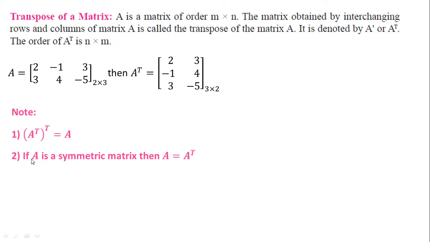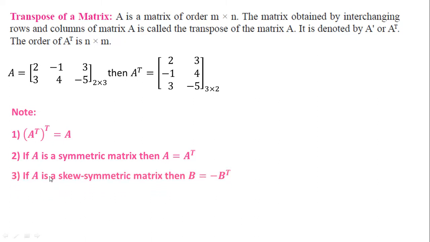Now think about this. If A is a symmetric matrix, then A is equal to A transpose. In case of a symmetric matrix, the transpose of the matrix and the given matrix are always the same. You can check this by one example. So in case of a symmetric matrix, A is equal to A raised to t.